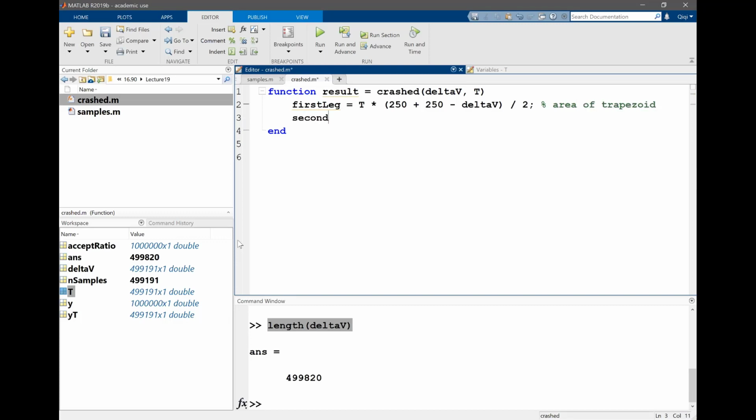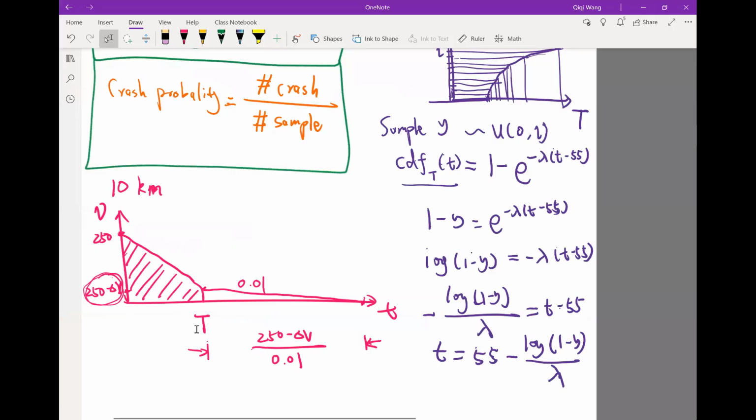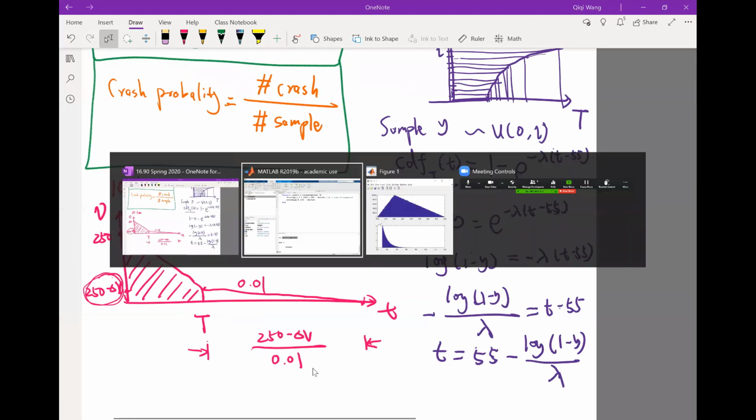Second leg is going to be the area of the triangle, which is 250 minus delta V, that's the height of the triangle, times the base of the triangle, which is another 250 minus delta V divided by 0.01.